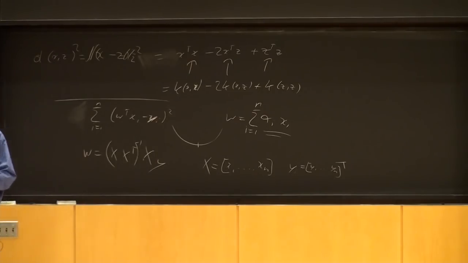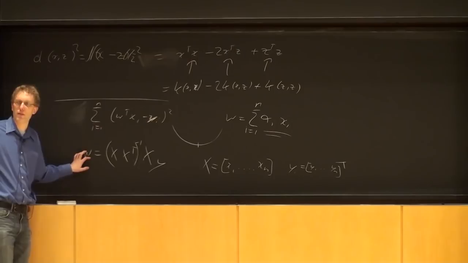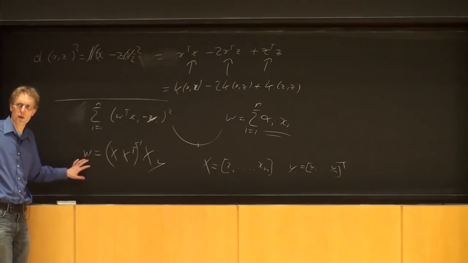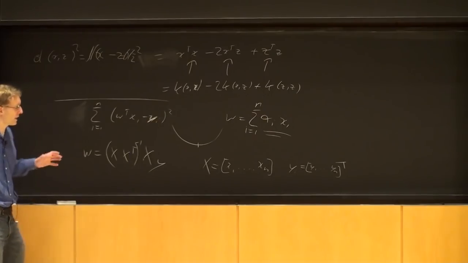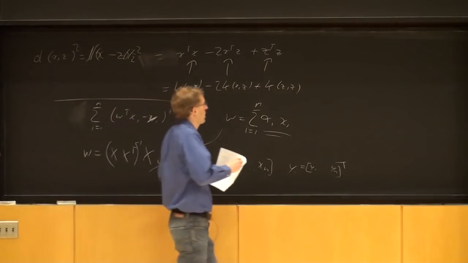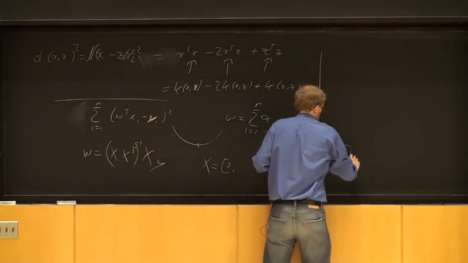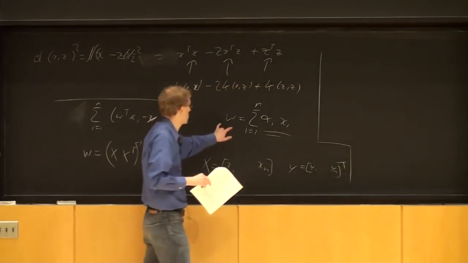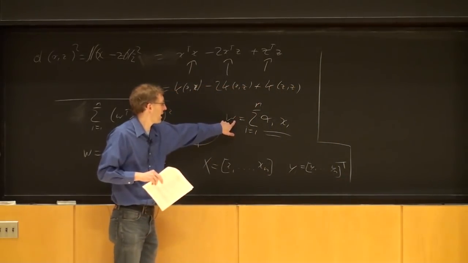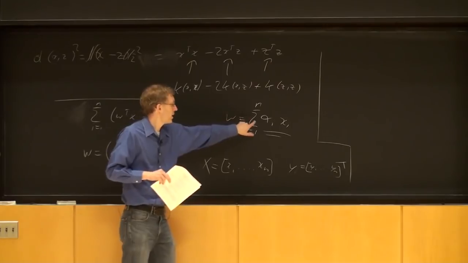Now we would like to kernelize this. The problem is that this W with the RBF kernel would be infinite dimensional, right? So something seems to be wrong. We can't do this, right? But the good thing is, we know it's going to work because we showed it last time. One thing we can do is substitute for W this term here.